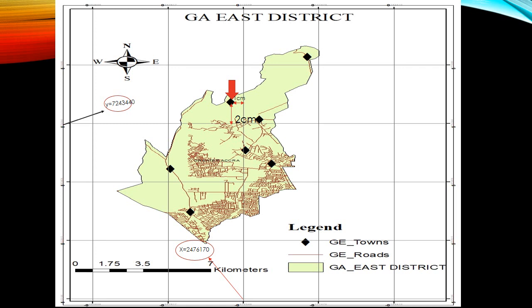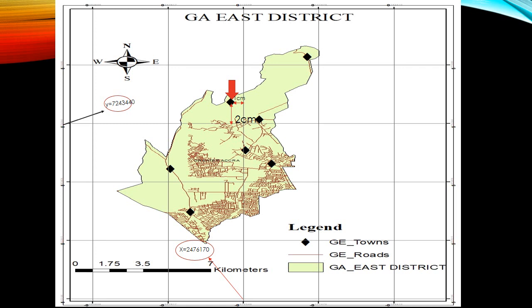So you see that we have y equals 7243440, and then x equals 2476170. We also have indicated the point whose location you are going to find with a red arrow, and I have used assumed distances in centimeters to represent the distance from the point to the x line or the meridian, and from the point to the y line or the longitude.